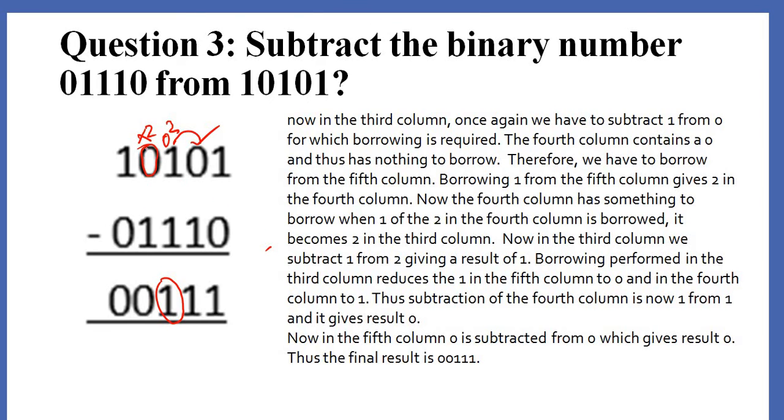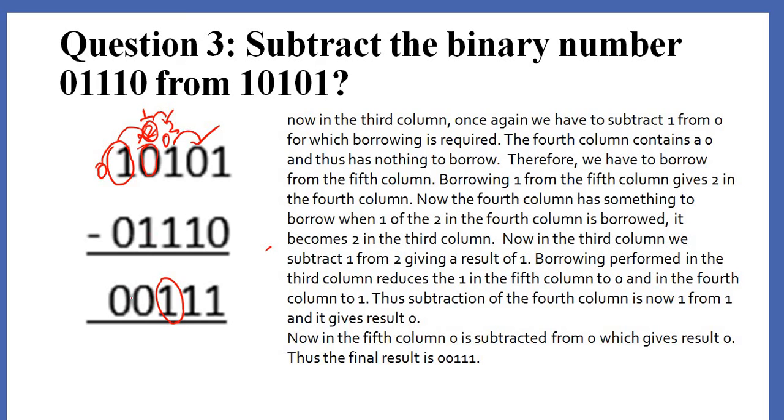So 1 minus 1 from 2, we have taken 1 to the third column, so 1 is remaining here, and 1 minus 1 we will get 0 here. And this one also we already have taken borrow to the fourth column, so here also it remains 0, therefore 0 minus 0 is 0.